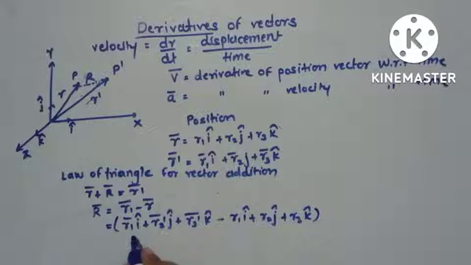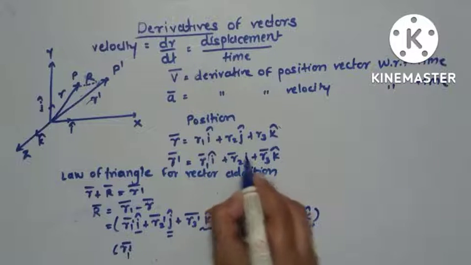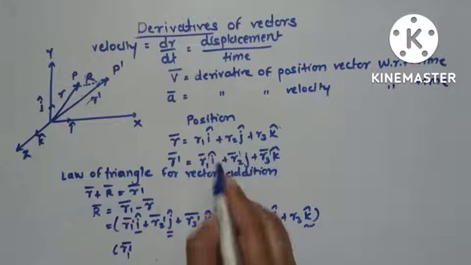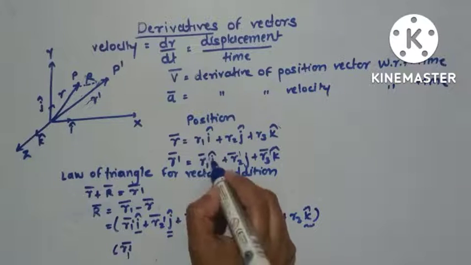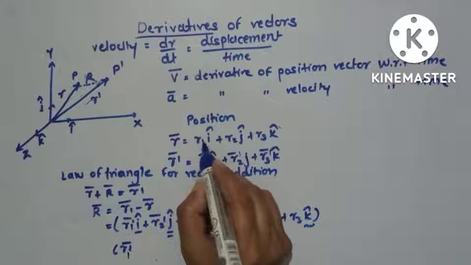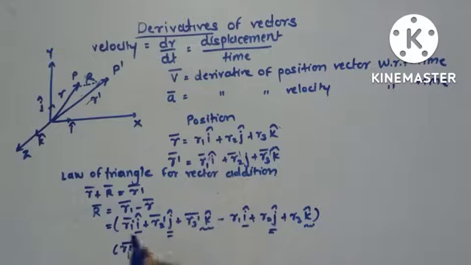Now let us take i, j and k common. If I take i common, I get r1 dash minus r1. Here we have to write dash, because this r1 dash and this r1 are not the same; these two magnitudes are different.